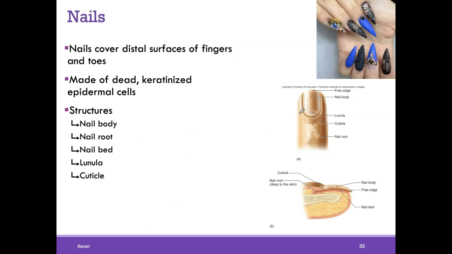The nail body we see over here is the visible attached part of the nail. Then you have a free edge on top. The nail root extends proximally under the overlying skin. We have the lunula, this white portion over here is called the lunula.